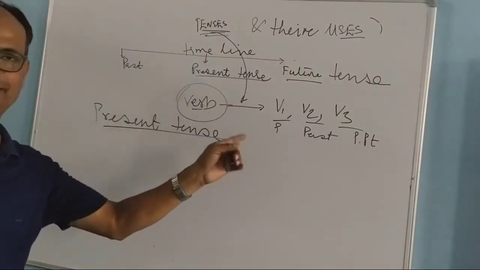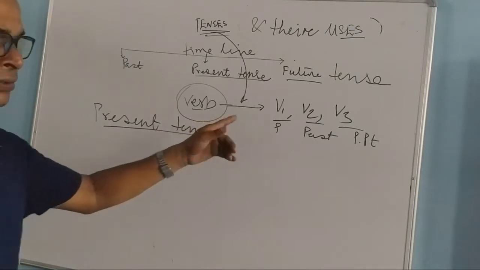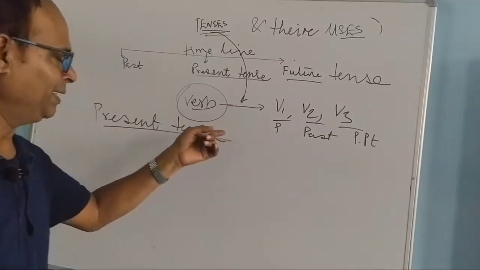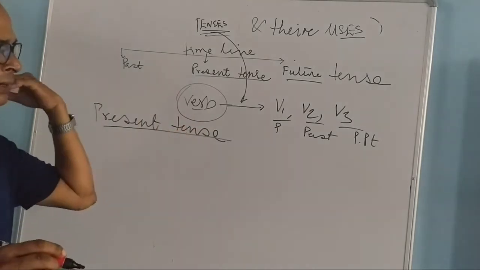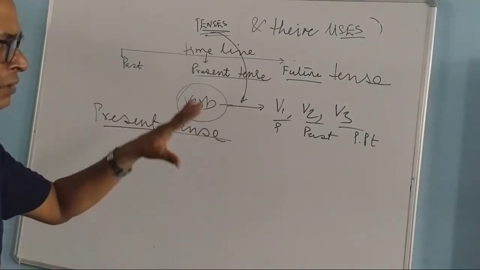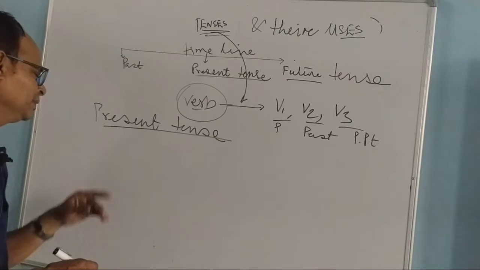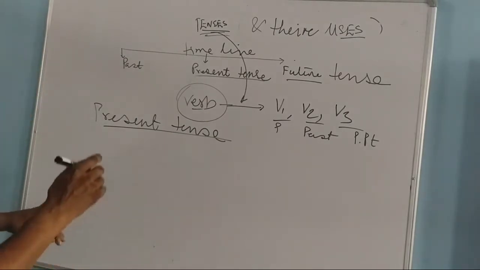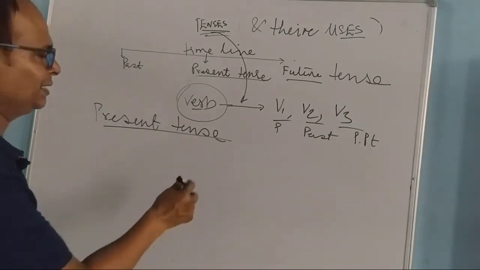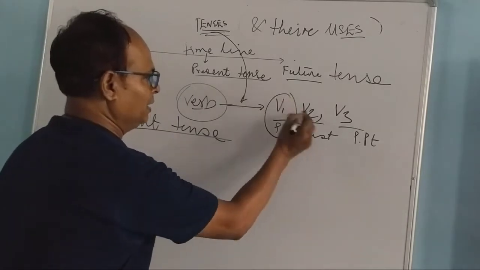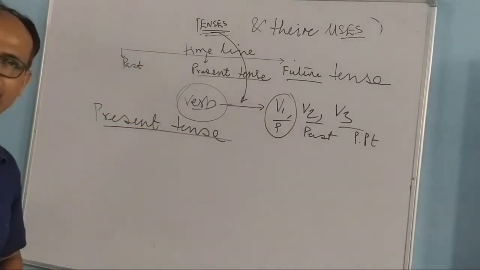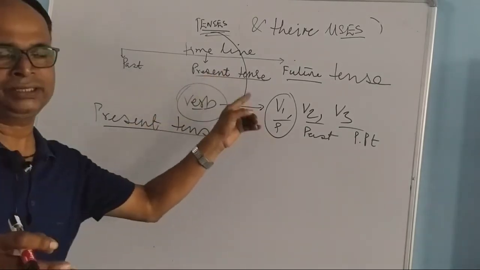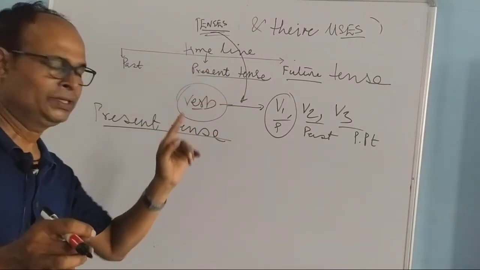These are very much needed in order to do active and passive, or to change the verb from the present tense to the past tense, or vice versa. So when I am talking about the present tense, that means I am talking about the verb in the first form. Is it clear?